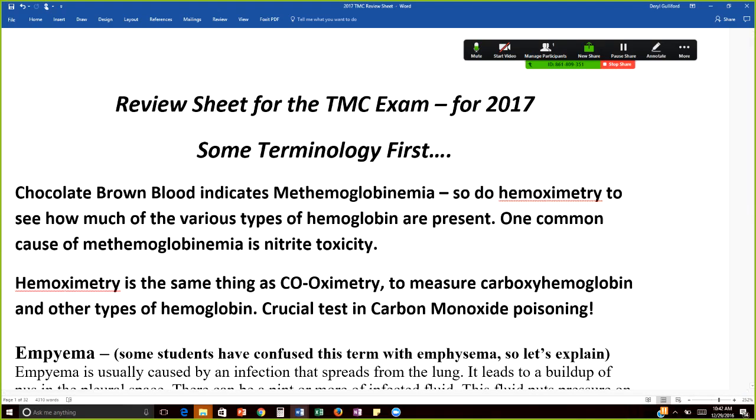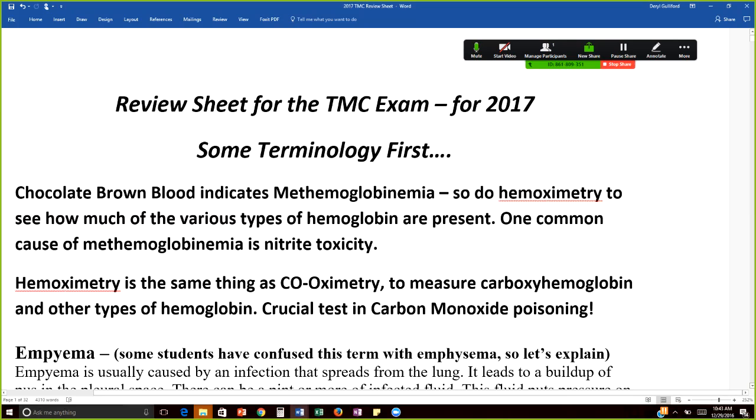It gets in the food supply, and it's a very, very bad situation. So you do hemoximetry to see how much of that methemoglobin is present, how much of other types of hemoglobin are present. Chocolate brown blood, methemoglobinemia, and that would be nitrite toxicity. There are some other things that cause it, but that's probably the most common type.